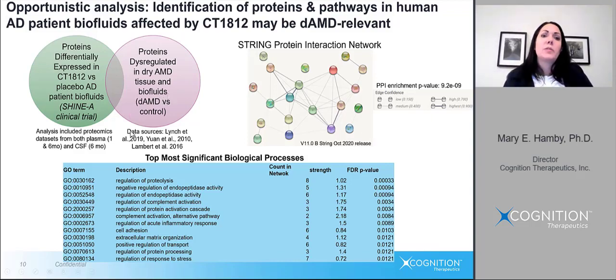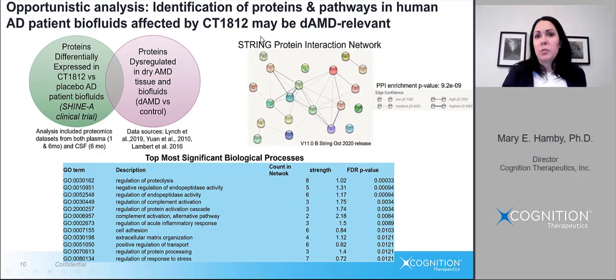These are the data sources listed here from which we procured these proteins. We identified a set of proteins that indeed overlapped. That means these proteins were altered by CT1812 and known to be disrupted in AMD.